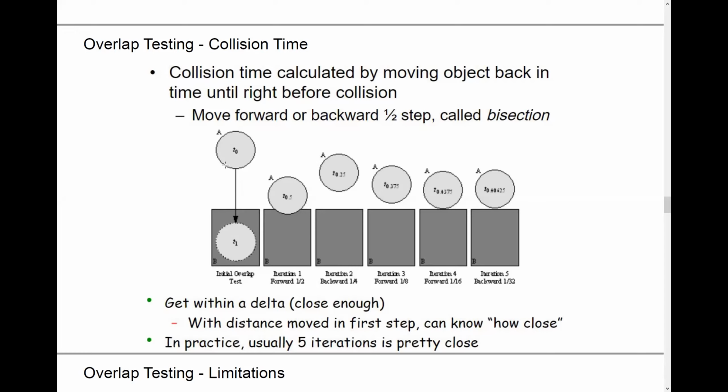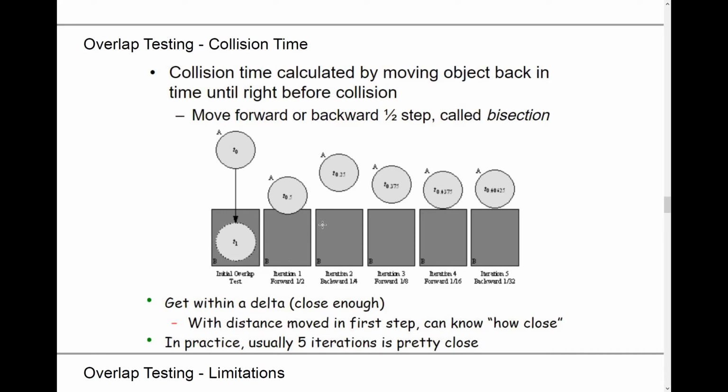After the initial overlap, we go forward by half a step, which is called a bisection. We move forward, then we come backward by 1/4 of the distance. Then again, we go forward by 1/8, then by 1/16, and then we come backwards again by 1/32.